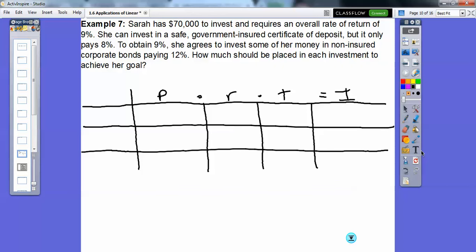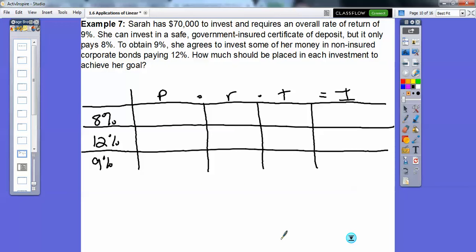Okay, now we need to figure out the rows in our table. What are the different things going on here? We're using the 8% one for the government insurance, the 12% one for the corporate bonds, and then 9% is what she wants. Right. So you can label these 8%, 12%, 9%.